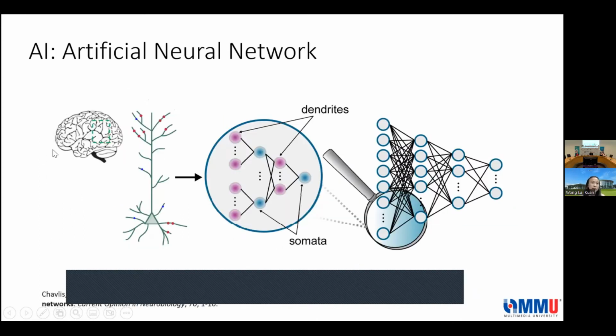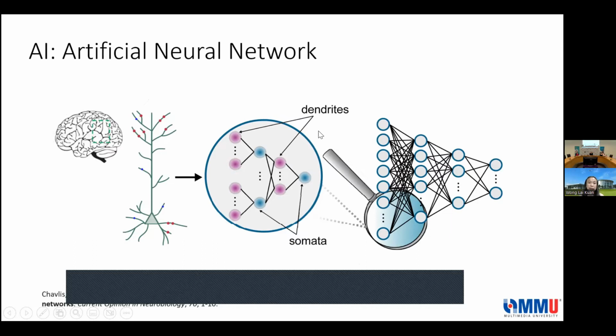So more specifically, like I briefly mentioned just now, our brain consists of a lot of neurons. This is just one example of a neuron. It contains 10 to the power of probably 10 or more neurons. And that's what makes our brain so powerful.